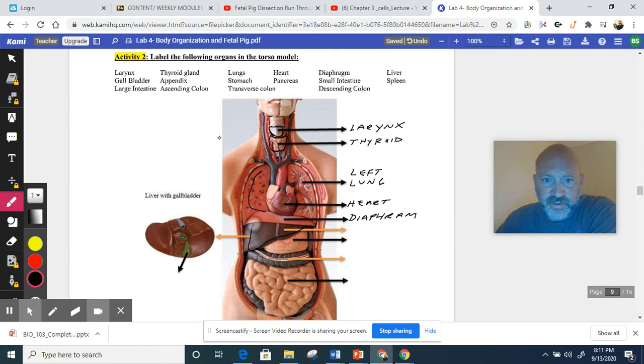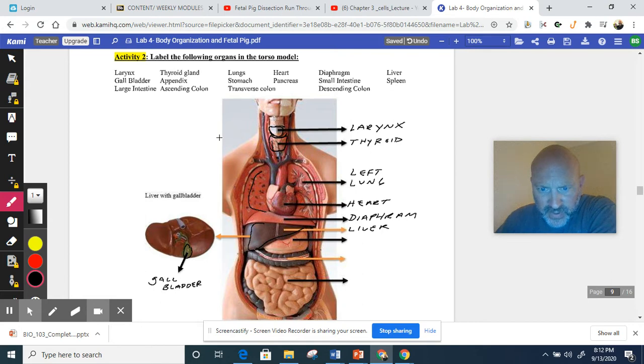Here is the liver. And underneath the liver, if we were to look under there, we would see this sac. It is greenish. That's the gallbladder. The gallbladder stores excess bile.